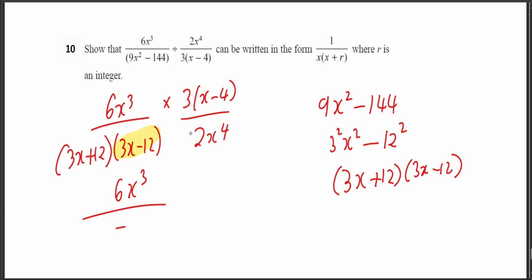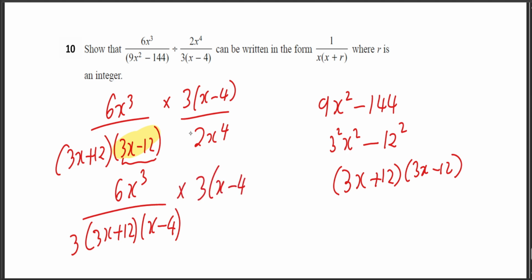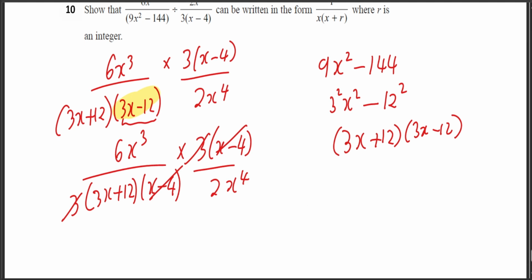Okay, let me factorize that one then, and let me say 3 is a common factor. The 3x plus 12 will just remain the same, but this one will change to become x minus 4 times 3 into brackets x minus 4 over 2x to the power 4. This and this cancel out, this and this will cancel out now.